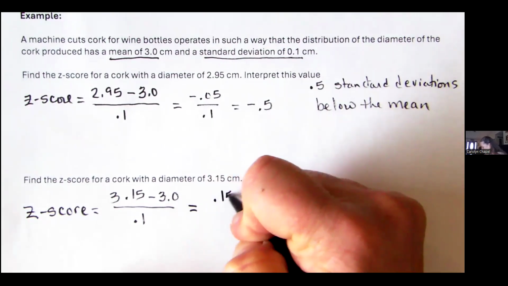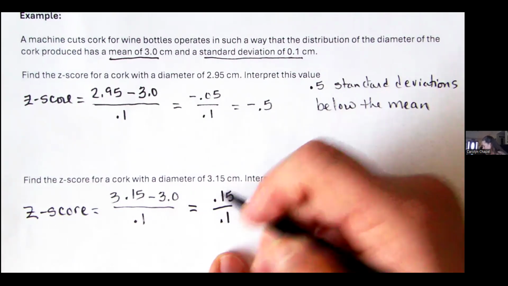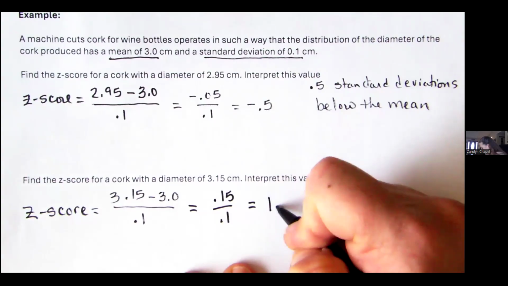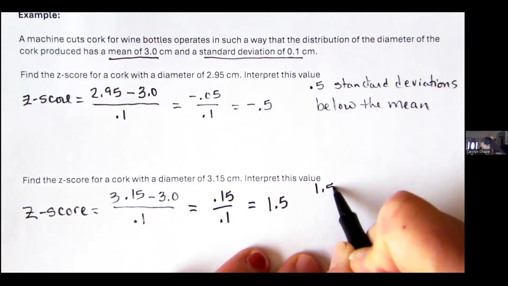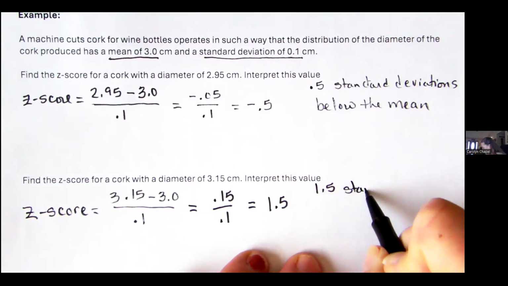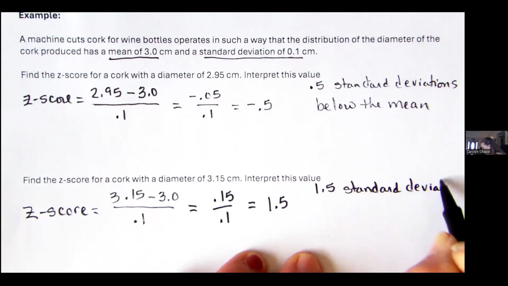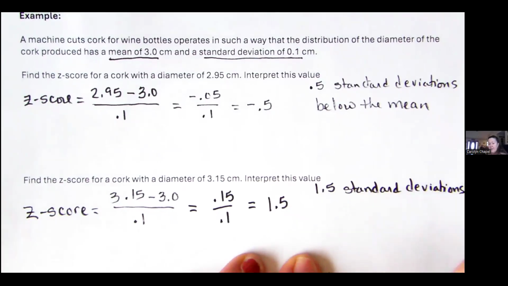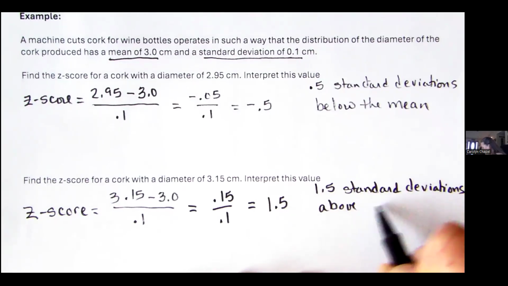So I'd get that 0.15 divided by 0.1. So this would give me a 1.5. So that means I am one and a half standard deviations away, and because it was positive, we are above the mean.